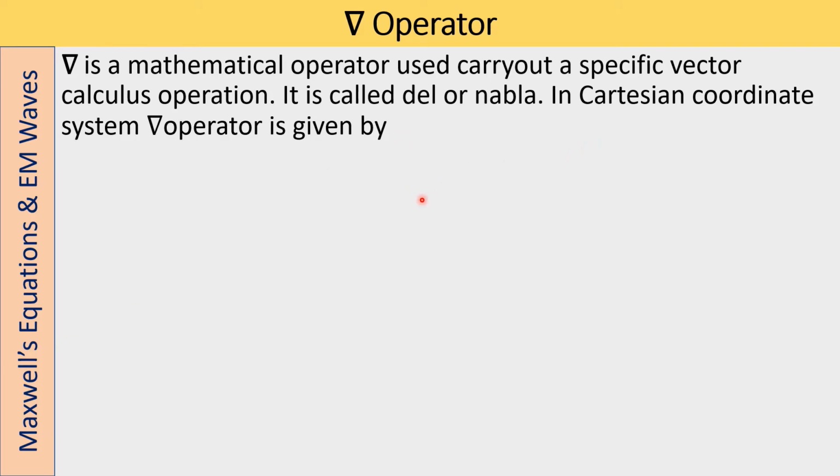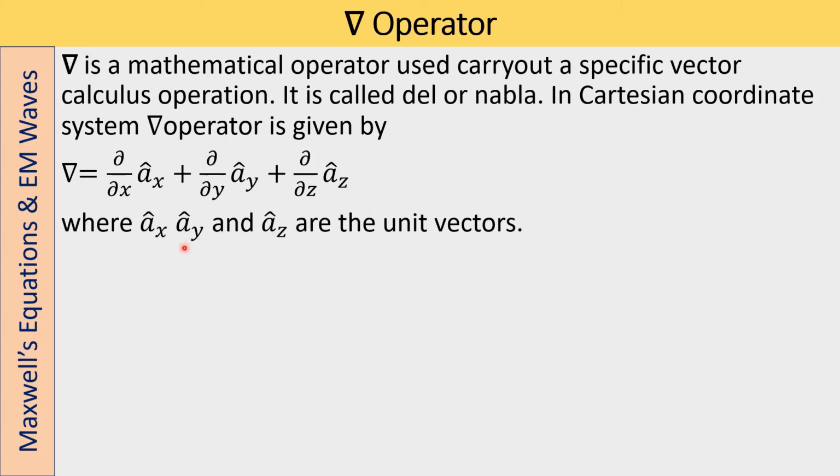It is called del or nabla. In the Cartesian coordinate system, the del operator is given by del equals del by del x of a_x hat plus del by del y of a_y hat plus del by del z of a_z hat, where a_x hat, a_y hat and a_z hat are the unit vectors. It can also be represented by i, j and k.